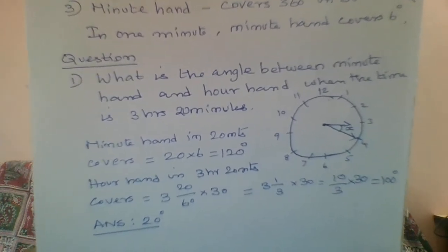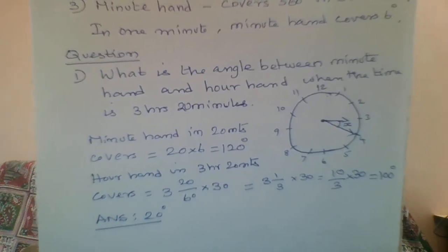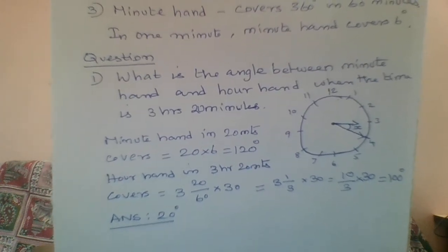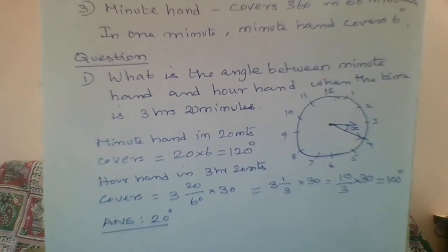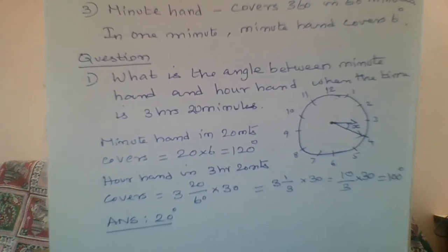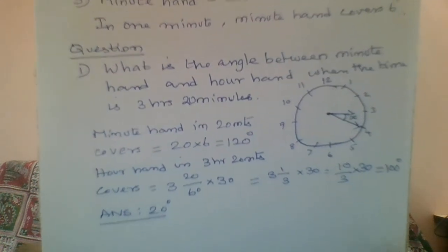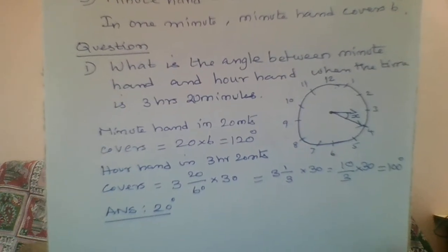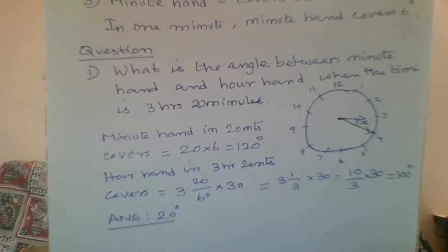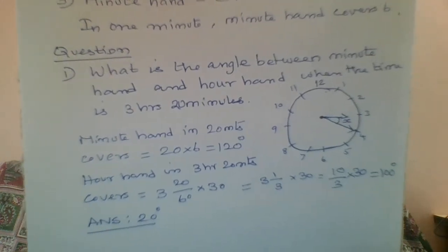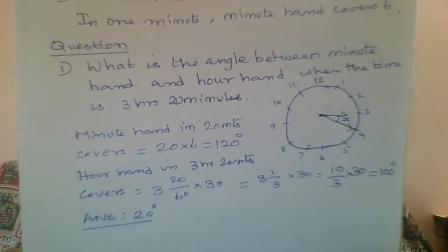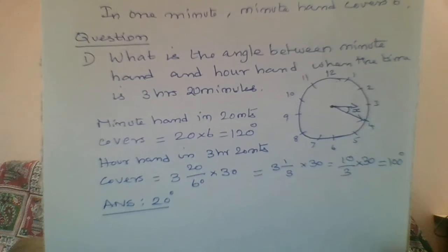For the hour hand, the time is given as 3 hours 20 minutes. We can write this as 320 by 60 hours, or 3 1/3 hours. That is equal to 10 by 3 hours. In 1 hour, it will cover 30 degrees. So in 10 by 3 hours, it will cover 100 degrees.